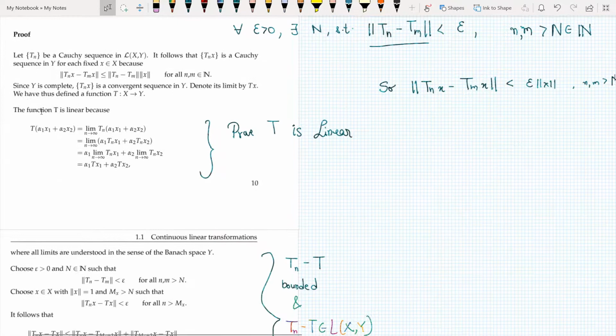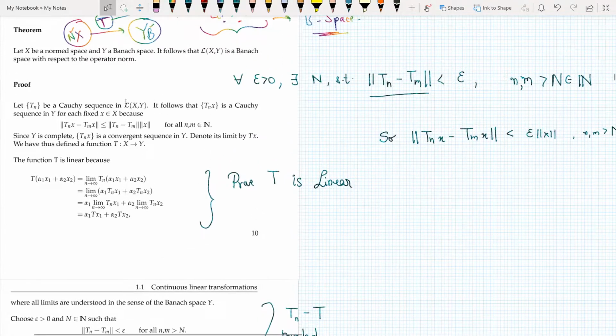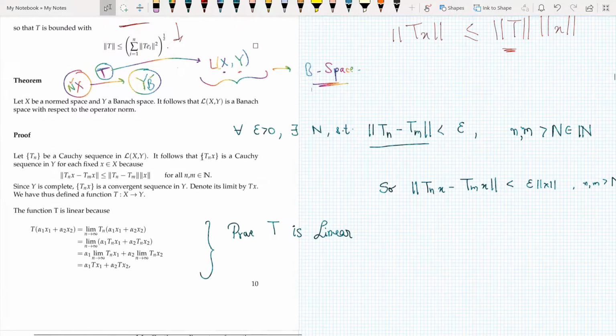So let Tn be a Cauchy sequence in L(X,Y). L(X,Y) is again the space in which my operator lives. Now, if there is a Cauchy sequence in L(X,Y), it follows that Tn x is a Cauchy sequence in Y for each fixed x belonging to X. In order to understand this line, we need to go back to the concept of what a Cauchy sequence is.